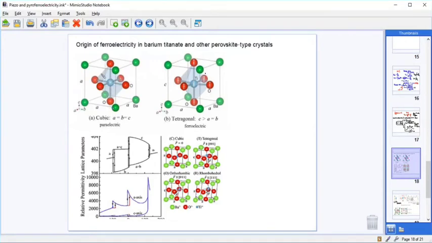Below the Curie temperature, the structure is slightly deformed with respect to the cubic structure shown in this case. So this structure exhibits ferroelectricity. The perovskite name applies to minerals such as calcium titanate, ferric titanate as well.